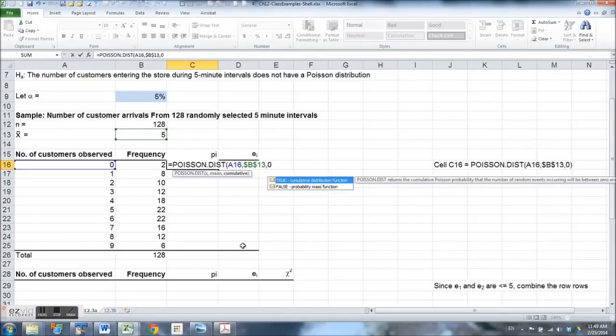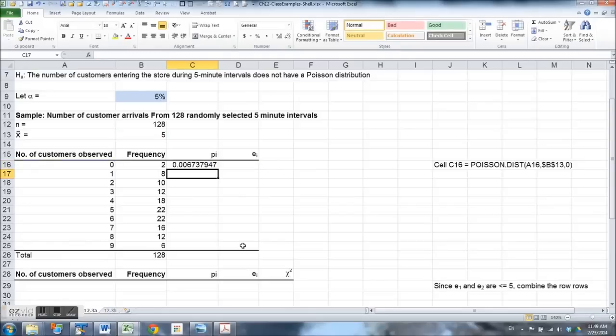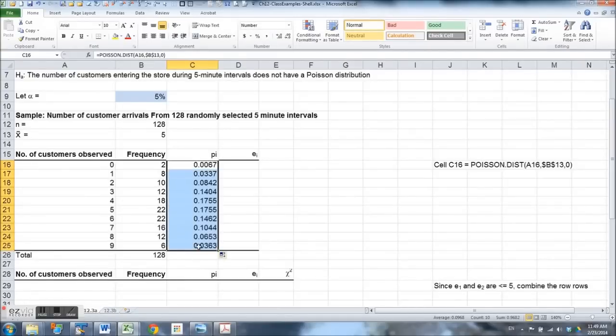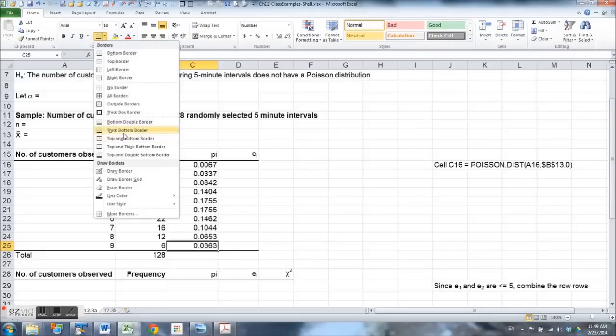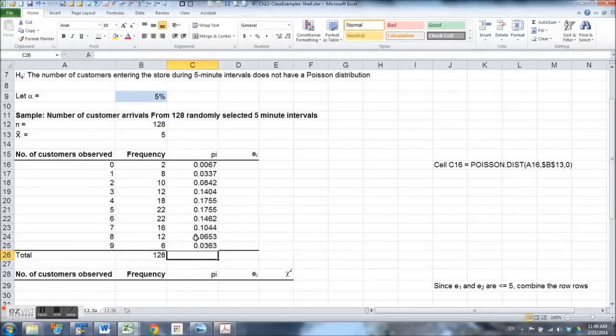And then you have to include 0 for non-cumulative individual probabilities. Now copy this. And then let's put the border back.